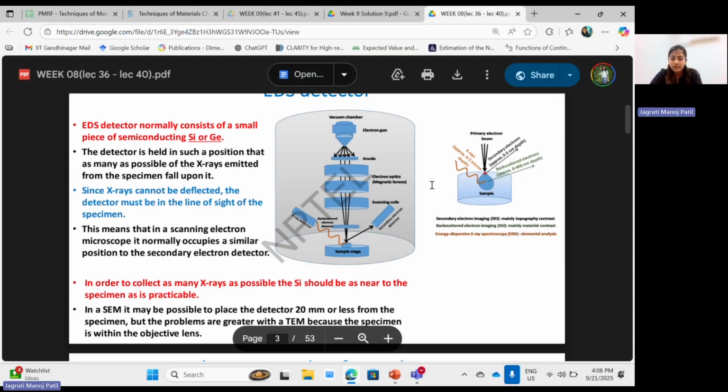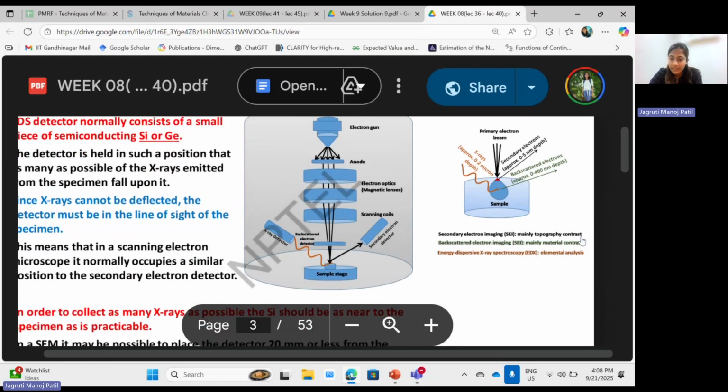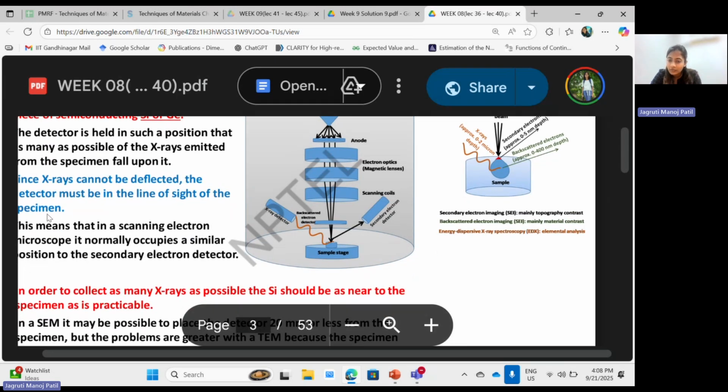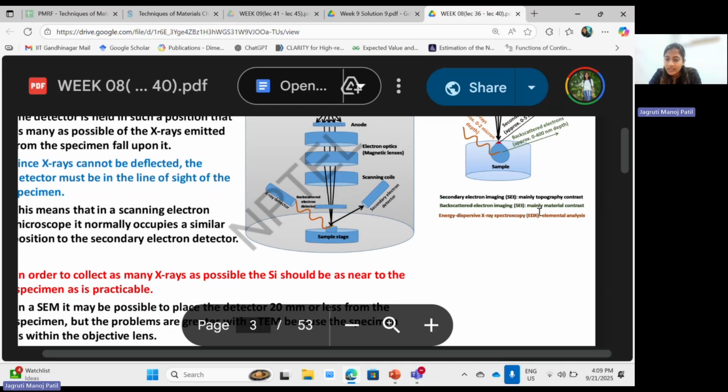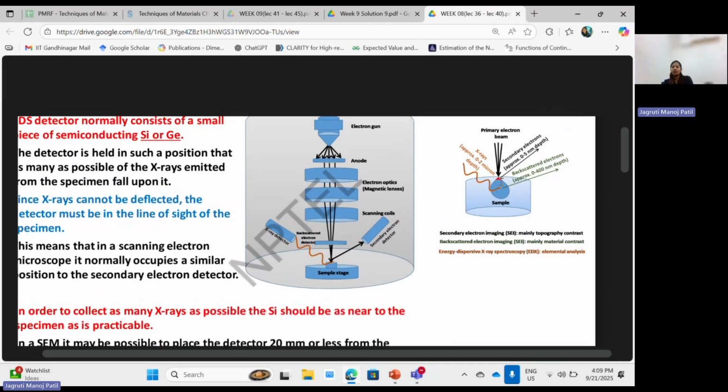Now in the corner you see this particular schematic. I like the way they have given it: secondary electrons can be used for topography, backscattered for material contrast. I hope my cursor is visible to all of you. Then there's EDS or EDX for elemental analysis. You should note down the depth from which these signals propagate.